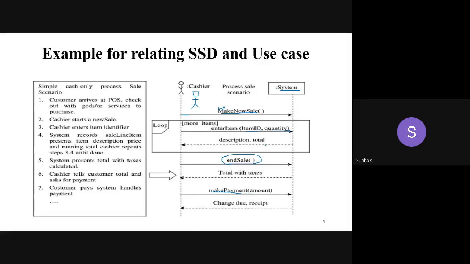You will enter the item ID, that name will be displayed, then you enter the quantity, how many biscuits have been bought, how many soaps have been bought. If you give quantity 5, the corresponding price will be calculated. So enterItem has these parameters: item ID comma quantity, like a function. The function you are passing parameters to, same thing. In this message, you are passing the parameters.